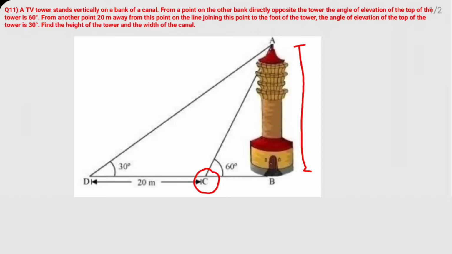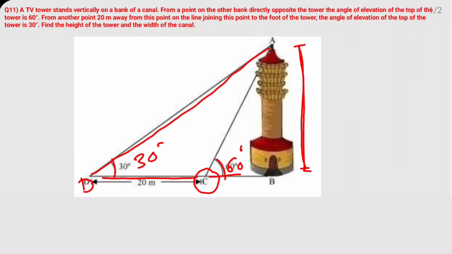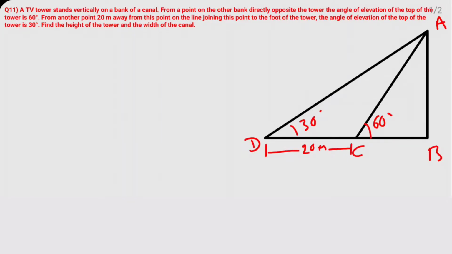The angle of elevation of the top of the tower is 60 degrees, so this angle is 60 degrees. The other point D is 20 meters away from point C. At point D, the angle of elevation of the top of the tower is 30 degrees. Here we want to find the height of the tower and the width of the canal. Width of the canal means BC. Is it clear? So this is our given figure.